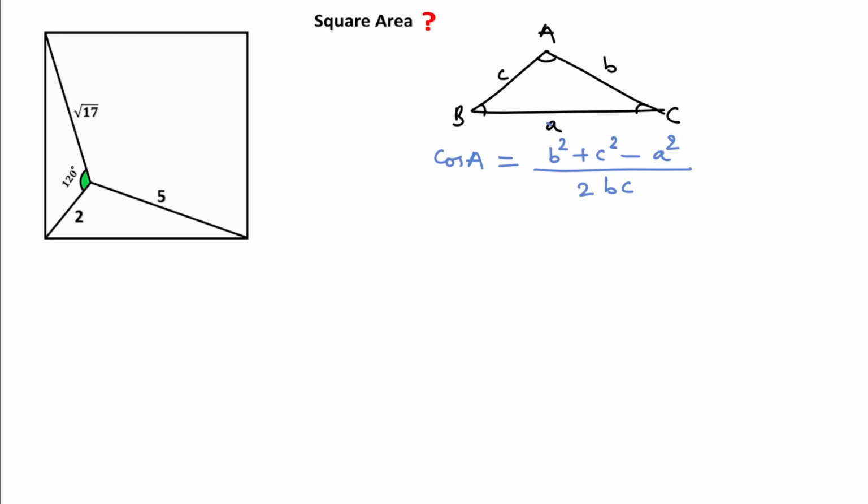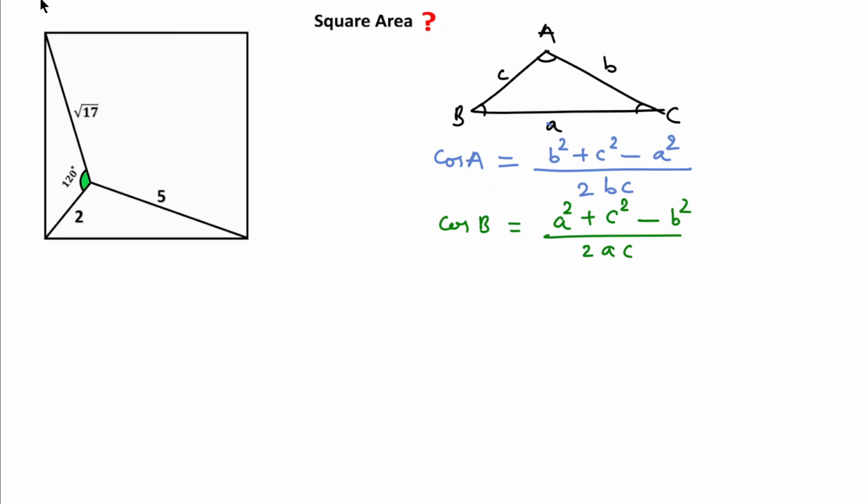In the same way, we can write cos B, angle B being the angle between these two sides AB and BC, so a square plus c square minus b square over 2ac.